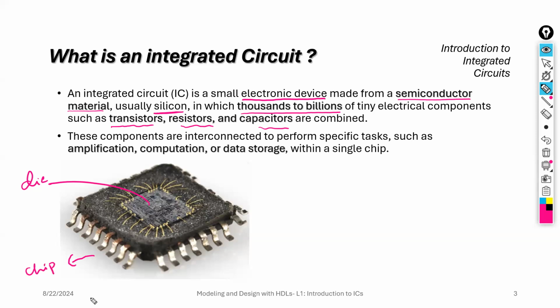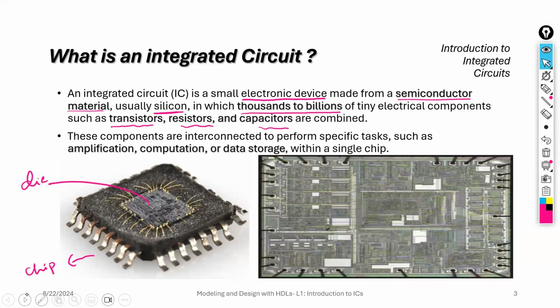Let us look at this die. Whatever you can see here is actually a die, shown in an enlarged fashion. It consists of millions to billions of transistors or components.